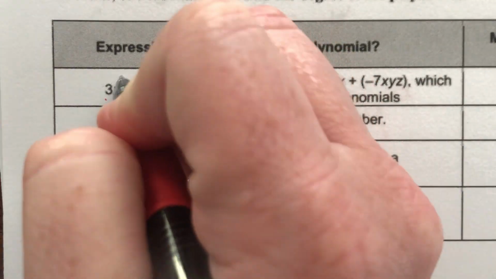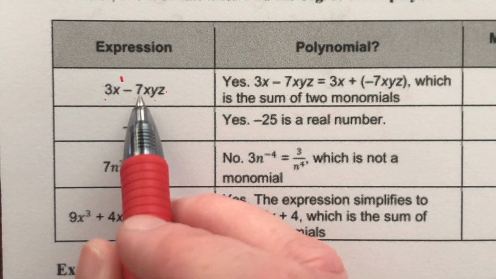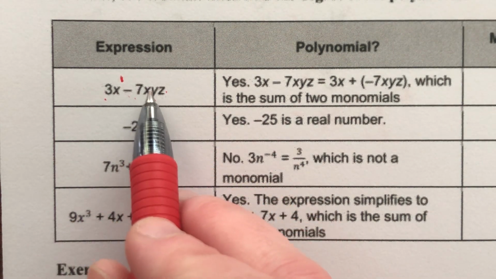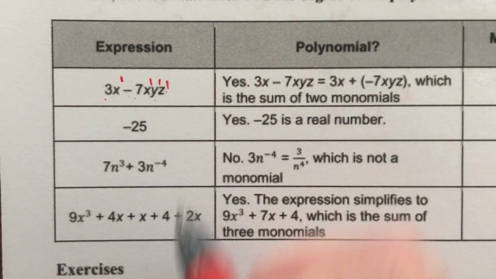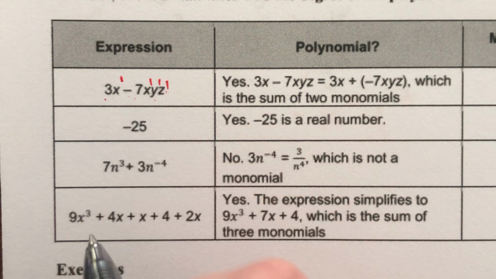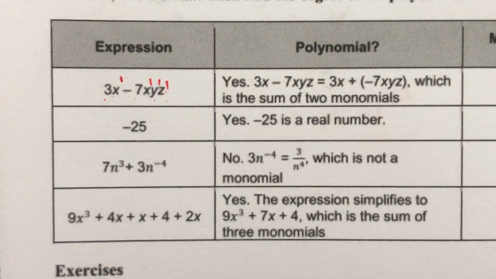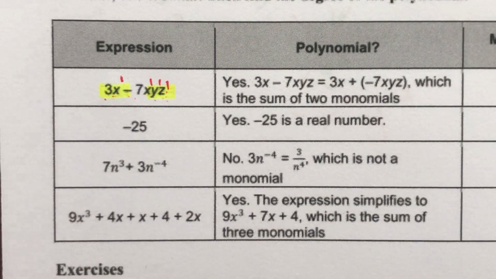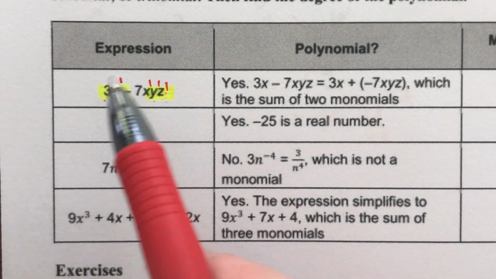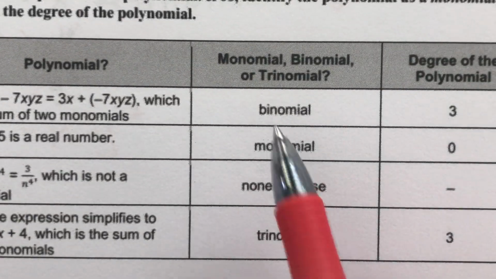Okay, the degree of the first term is 1, right? x to the 1 power. The degree of the second term, each of these variables has a 1 exponent. A 1 here, a 1 here, a 1 here. So that's a degree of 3. So this is a binomial because it has 2 terms separated by a minus sign. And then out of those 2 terms, the largest degree is 3. So the degree of the whole thing is 3.